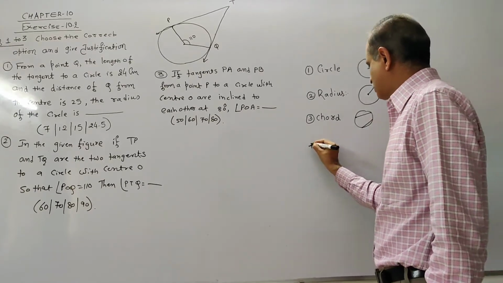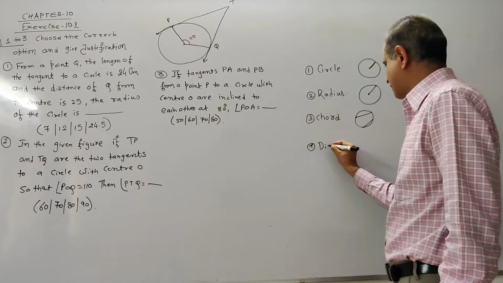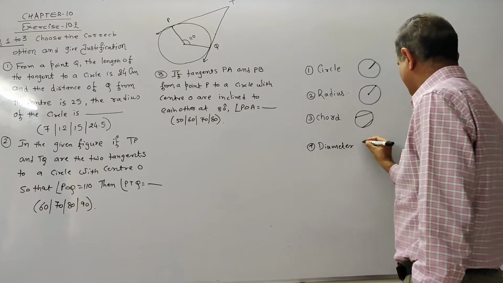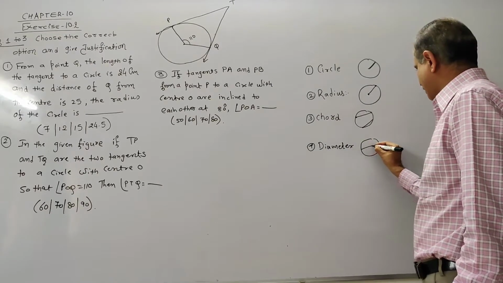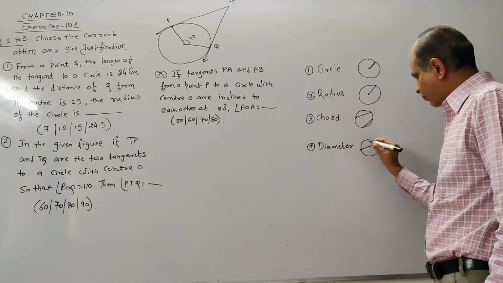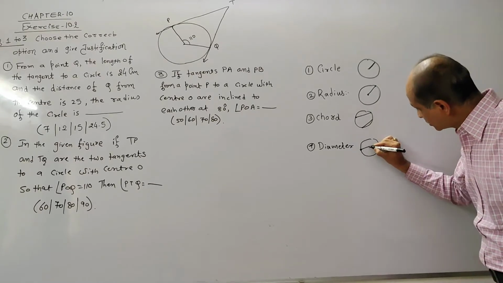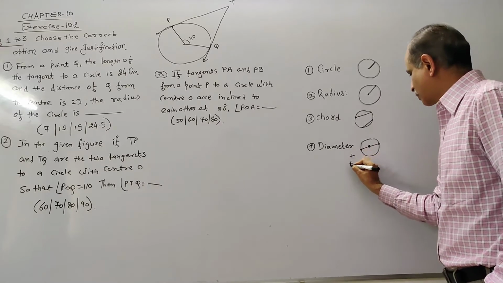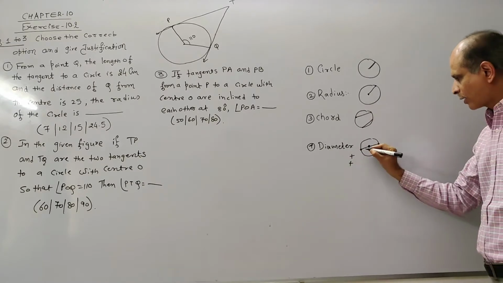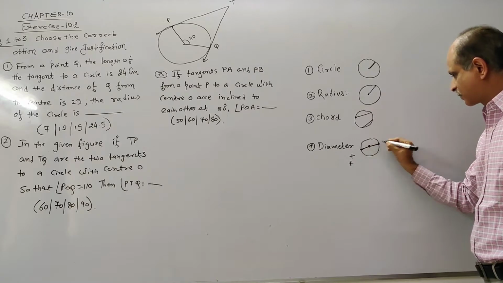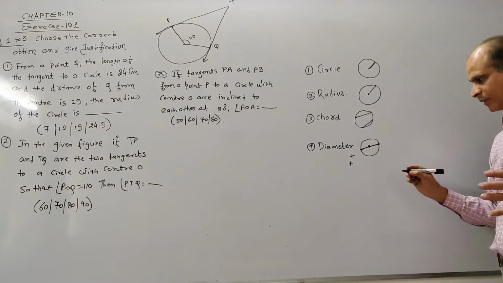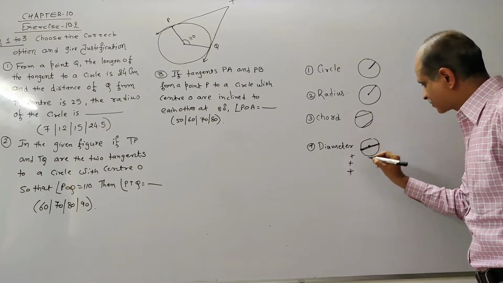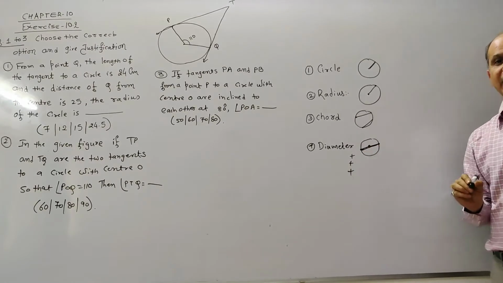Friends, we have also discussed one very important concept, that is diameter. A line segment whose both end points are points of a circle and which passes through the center of a circle is known as diameter. We have also discussed that the longest chord of a circle is also known as diameter. We have discussed the third definition, that a chord passing through the center of a circle is a diameter.